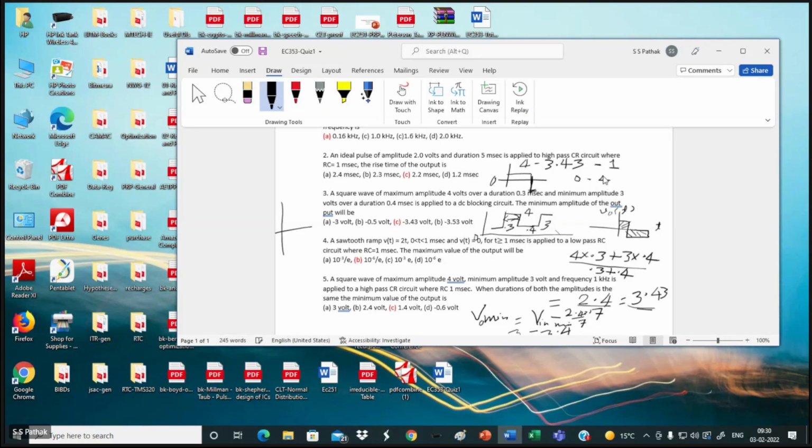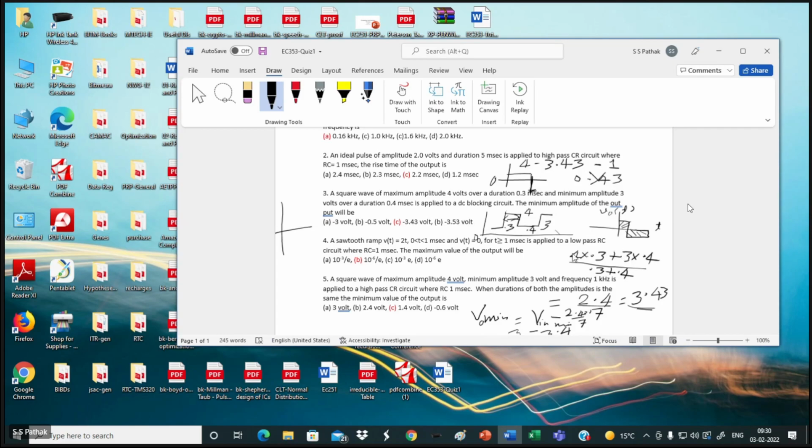Answer will be 0.43. I have not given that answer. I put 3.43. Why? Answer will be 0.43. How can it be? No. Something wrong. 3.43. 1 volt is the difference. 3 minus 2.4 by 7, plus positive or negative?